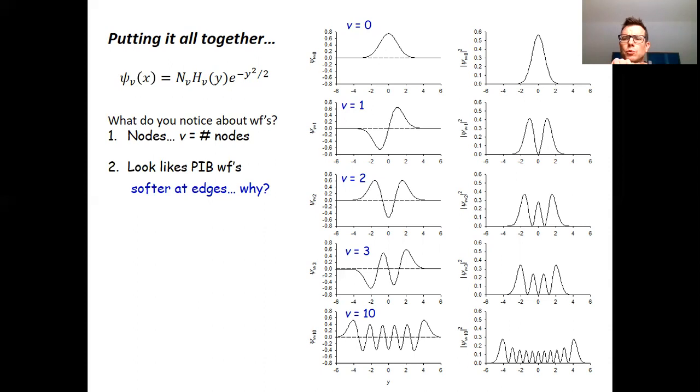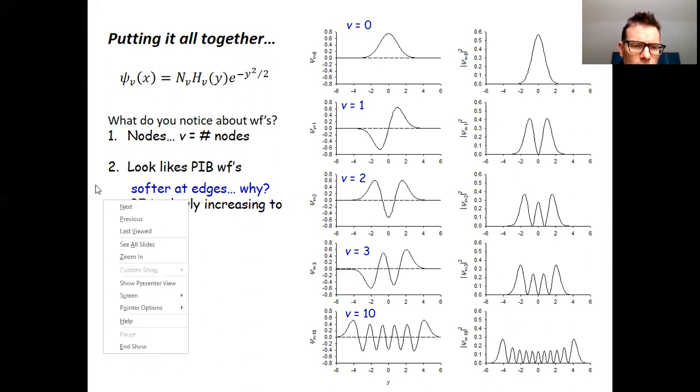Particle in a box wave functions were sine curves, so they abruptly went to 0, whereas the harmonic oscillator wave functions look a little softer at the edges. You'll notice that this is slowly decaying to 0. And why is that? Well, remember that in a harmonic oscillator, the potential is slowly increasing. Actually, let's do this.